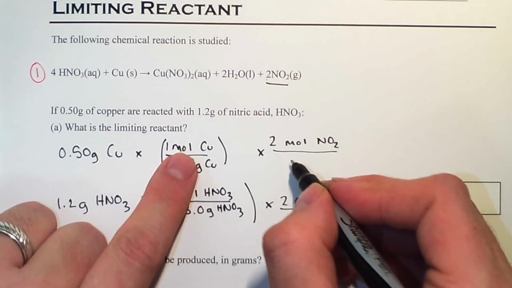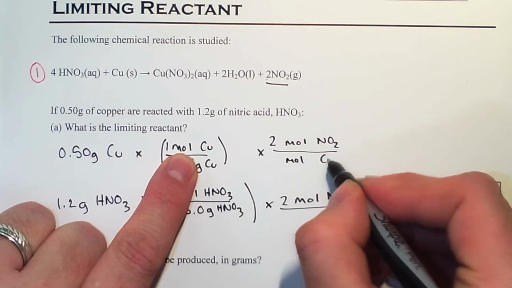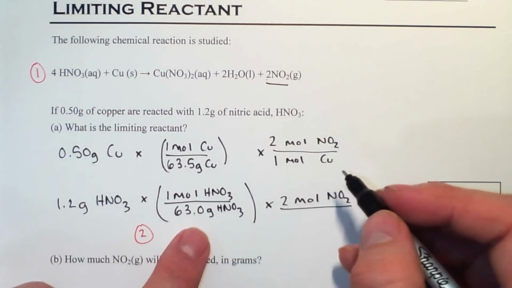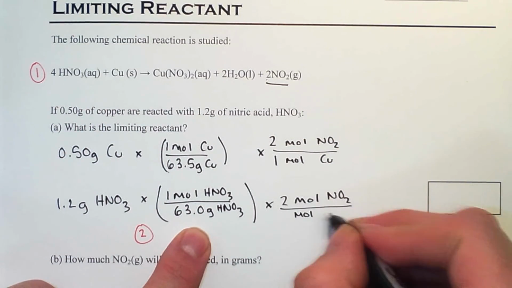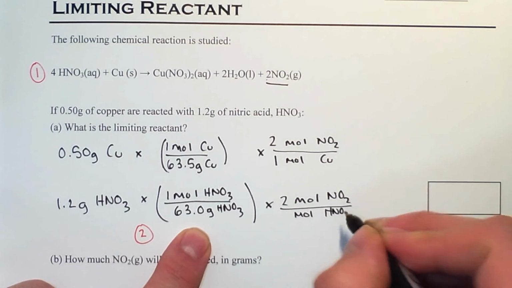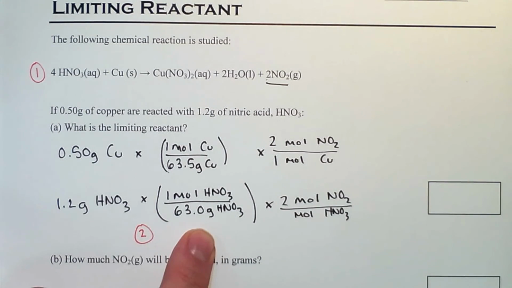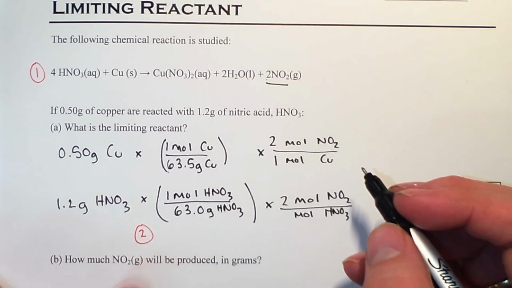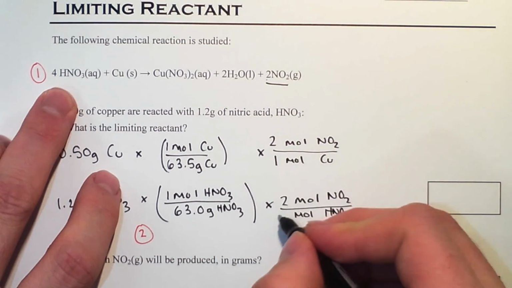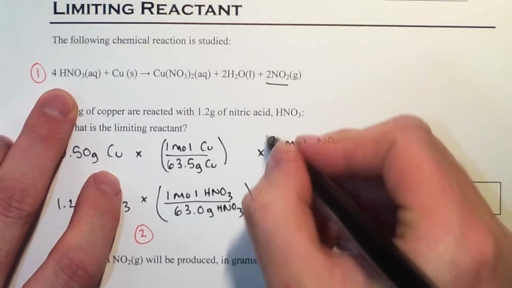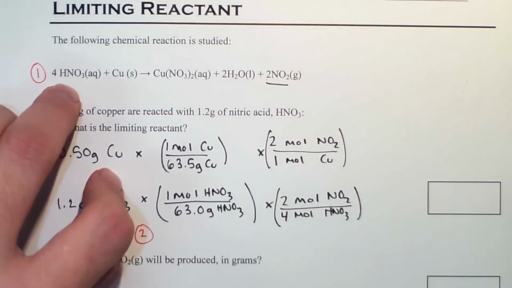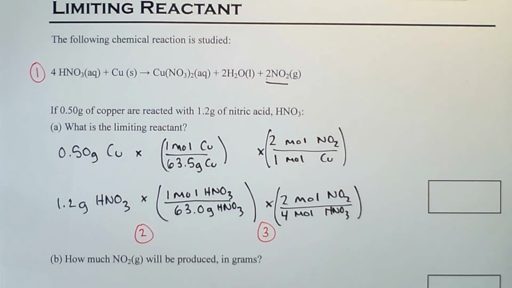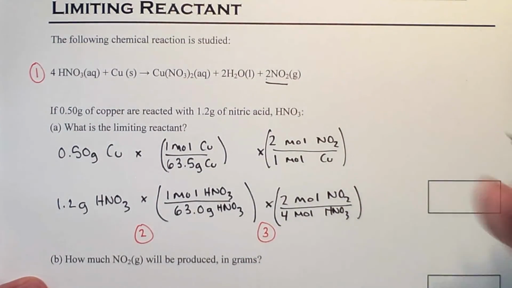What goes on bottom is whatever is here, so I know it's going to be moles of copper. I go to my equation and get the coefficient, which is a 1. Moles HNO3, and we go up and we get 4. So we change it to step 3 as we apply the ratio.